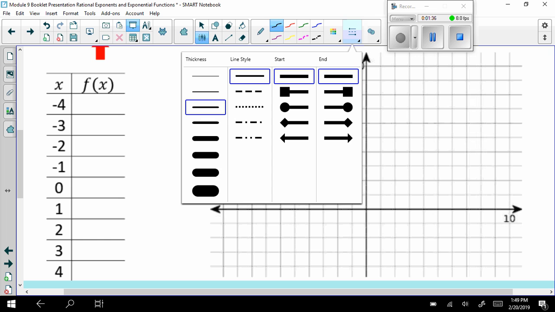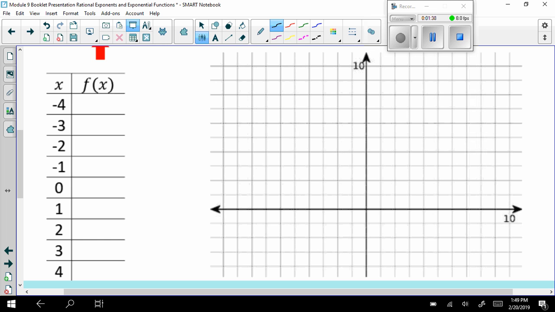So again, we are looking at f of x equals 2 to the x. And I'm going to start down here at f of 0. So I'm going to take out the x and I'm going to plug in 0. Anything to the 0 power is 1. So this would be the point 0, 1.